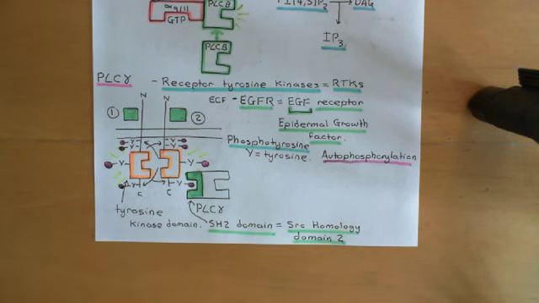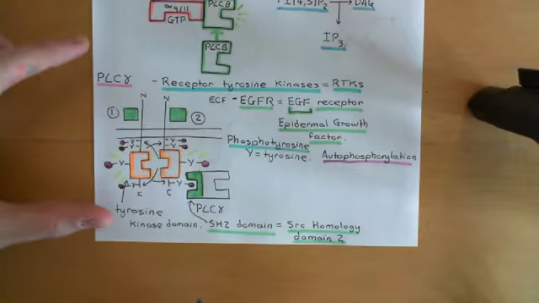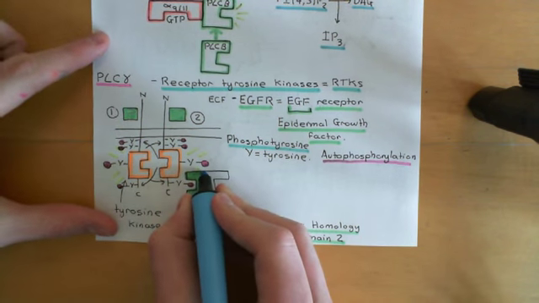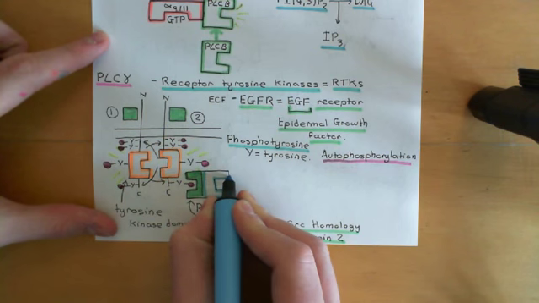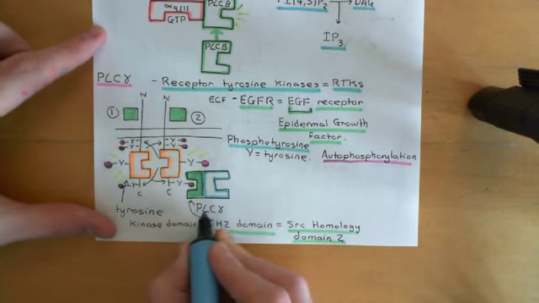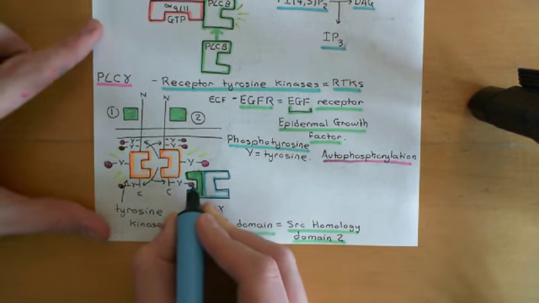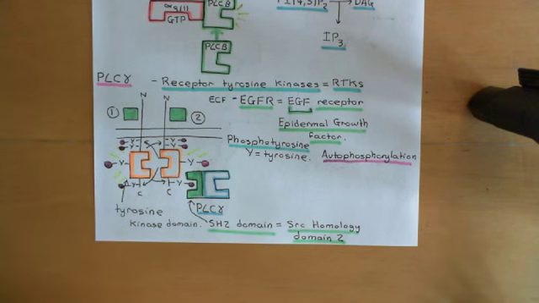Src homology domain 2s, or SH2 domains, are often used by proteins to allow that protein to bind to phosphotyrosine residues, particularly on the intracellular aspect of receptor tyrosine kinases, as is the case here for the phospholipase C gamma enzyme. Previously, before it had bound to the phosphotyrosine residue, it was floating around in the cytoplasm.